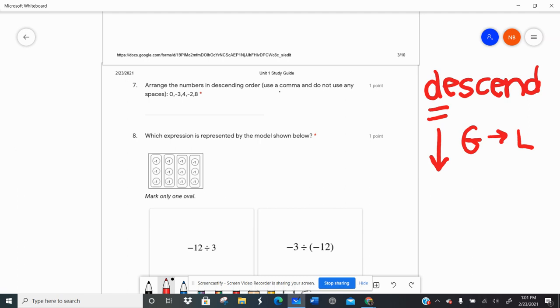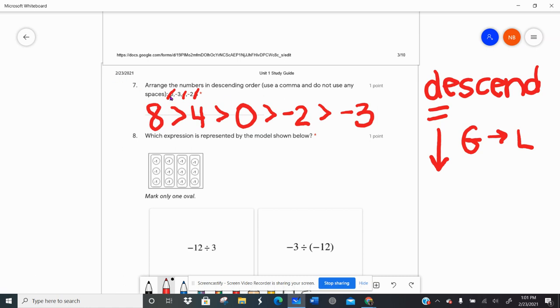So 8 would be my biggest number because that's my big positive. Then I have 4. So 8 is greater than 4, which is greater than 0, which is greater than -2, which is greater than -3.